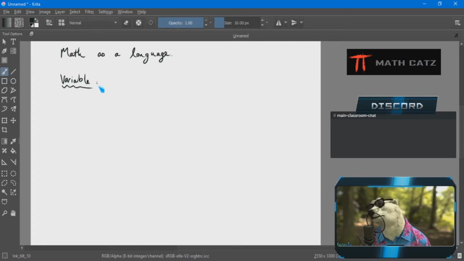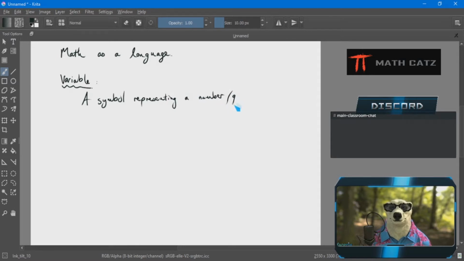They can be many things. It's simply a symbol representing a number or quantity. And for some reason, perhaps I don't know what that quantity is, but I still want to keep track of it in a calculation.